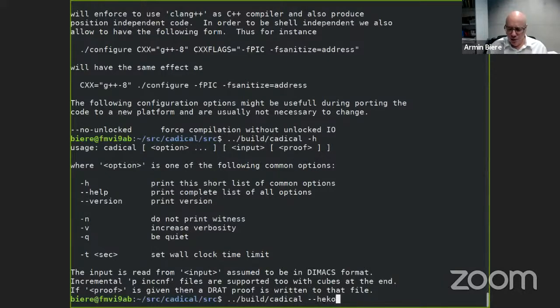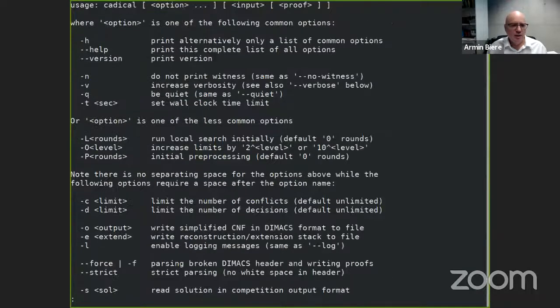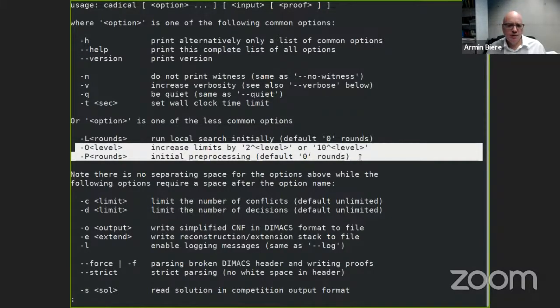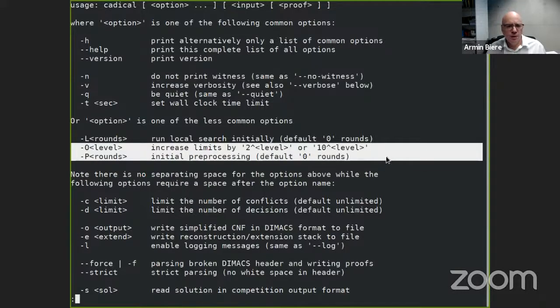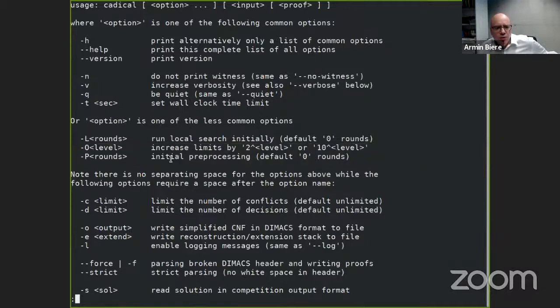And these are at the beginning, before the list of low level parameters. These two are kind of interesting, in particular if you want to use the solver as a preprocessor. You can use CaDiCaL as just preprocessing a formula, and with this capital P, you're giving the initial number of preprocessing rounds.